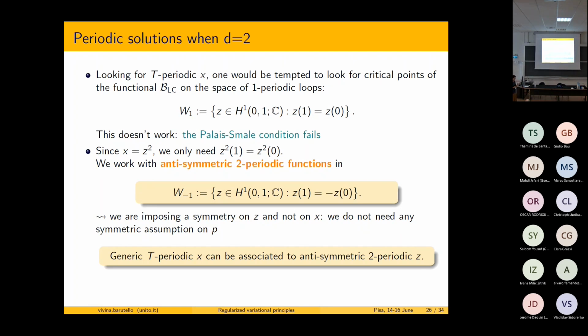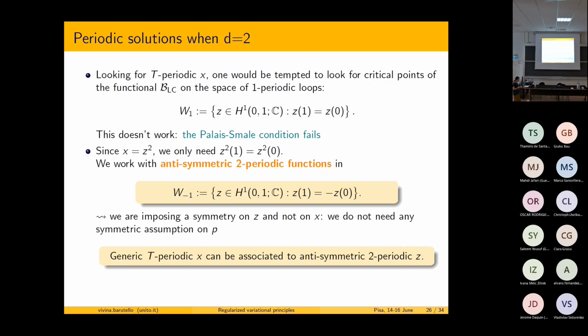It's not a symmetry that you are imposing, because the natural set where the functions z here vary is the union of these two sets. Okay? Because the others are double.